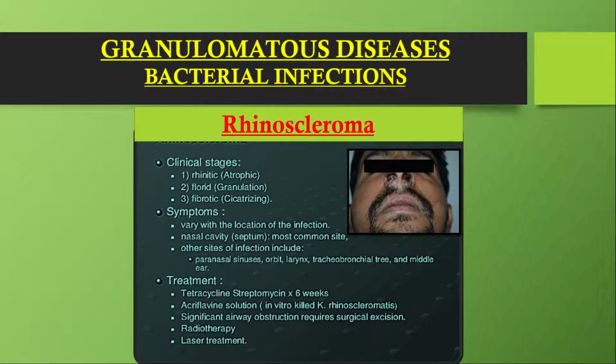Acriflavin solution in vitro killed Klebsiella rhinoscleromatis. Where significant airway obstruction exists, it requires surgical excision of the atrophic passage or the stenosed portions in the nasal cavity and replacing with some grafts. Laser treatment can also treat rhinoscleroma to some extent.